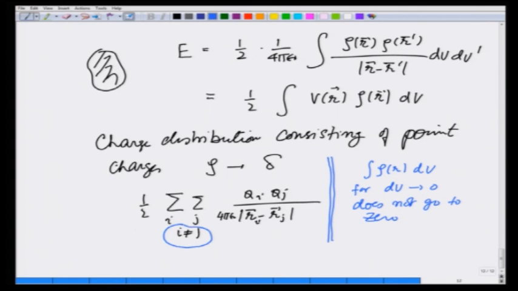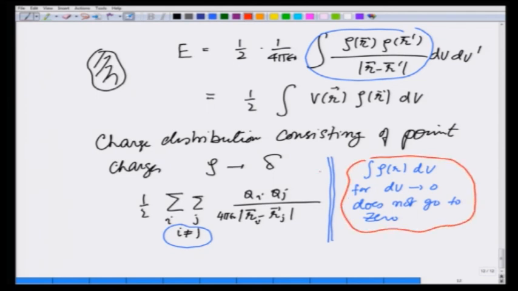Remember earlier when I was discussing this formula, I had said that in a continuous distribution, this rho r dV integrated over a smaller and smaller, macroscopically very small volume goes to 0, but in point charges it does not. So one has to be careful.